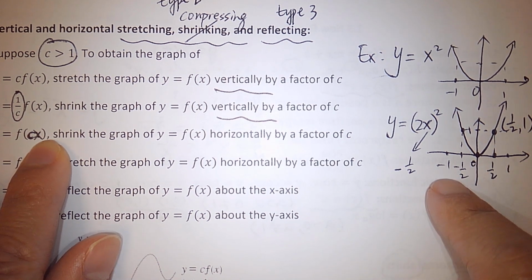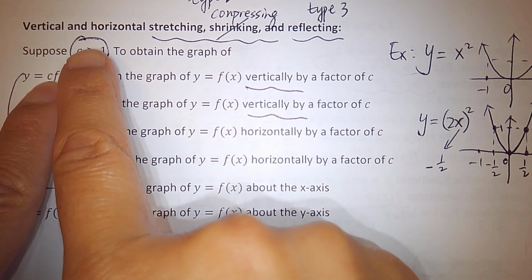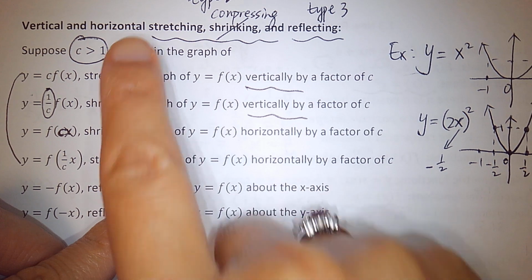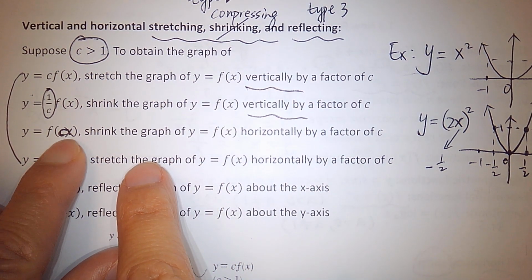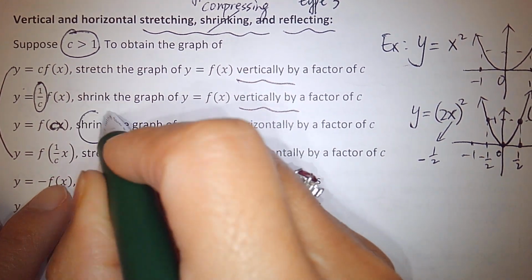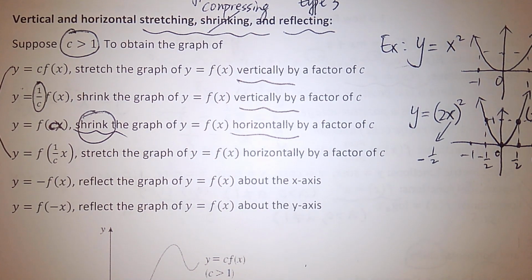You guys see that? It's hard to understand, okay? If we multiply by c greater than 1, vertically we stretch, right? But horizontally, if we replace x by c times x, c greater than 1, horizontally we have to shrink or compress. You guys see that?